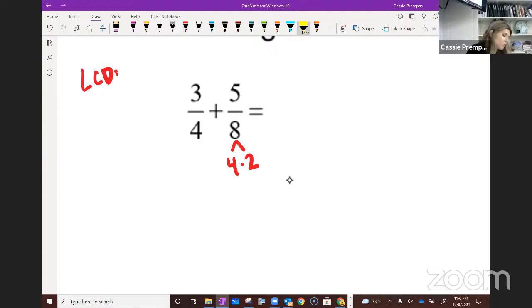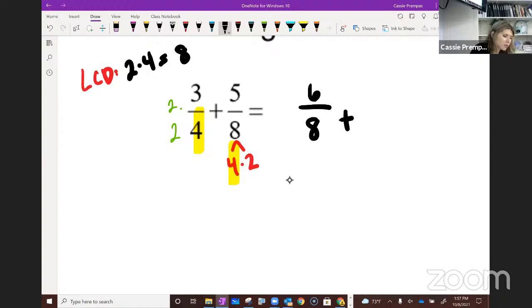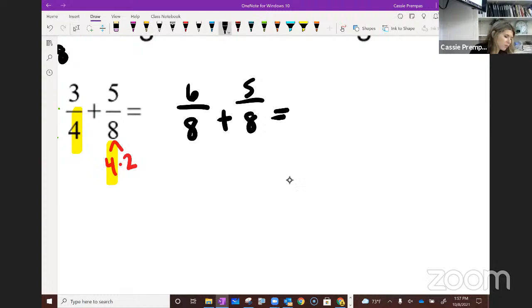You see that they share a 4, so we multiply the fraction by what's missing, which is 2 over 2. So the least common denominator is really 2 times 4, it's 8. We multiply that out, and 2 times 3 is 6. So I have 6/8 plus 5/8. What's 6 plus 5? 11. And then I keep the denominator of 8.